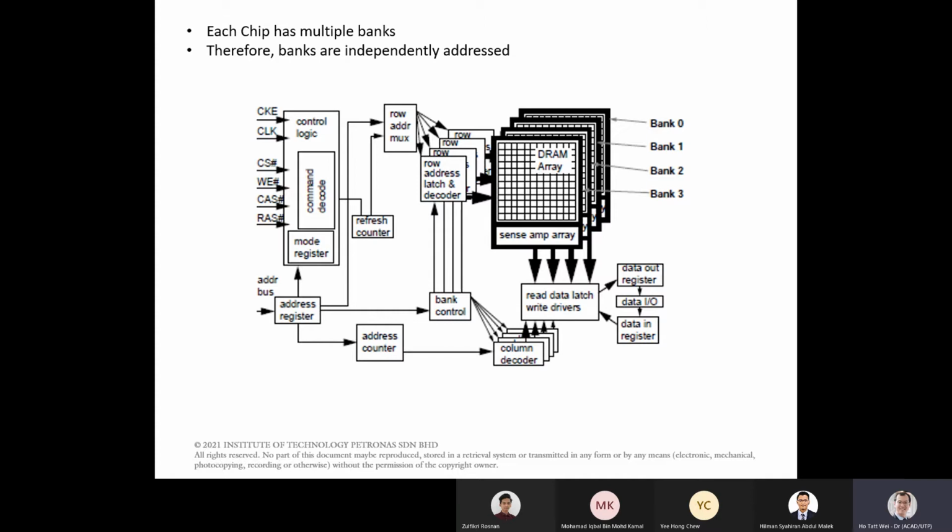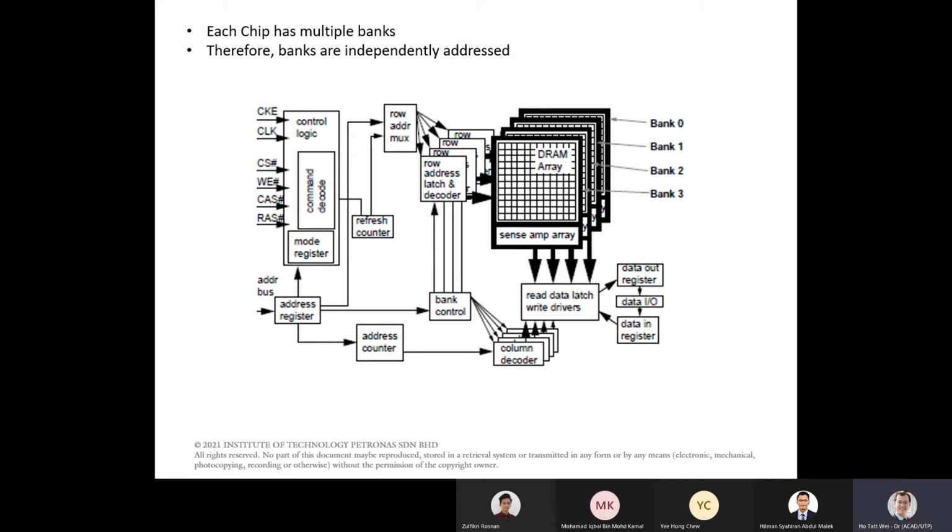So I'm accessing one bank, and when I access that, I need to do the pre-charge first, then the row access, then wait for it to sense and restore, then it reads out to the sense amplifier array, then the output goes to the column decoder, and then into the data out, right? So if this is being sent to the column decoder, I can actually start the pre-charge process, or the row access, sense, amplify, and restore in bank 2. I don't have to wait until everything is out before I start the work in bank 2, correct?